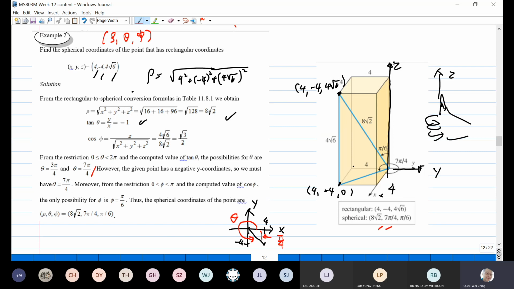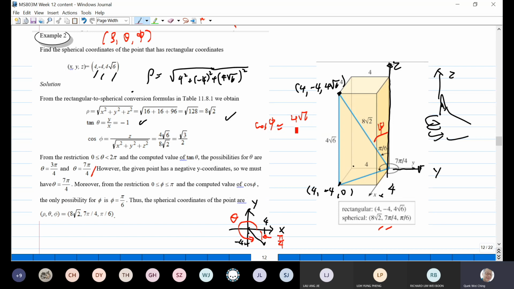And then the phi here, how do you find phi here? So this is your z here. Okay, phi is this angle here. So let me see, cosine phi here is actually equal to 4 square root 6 over rho.